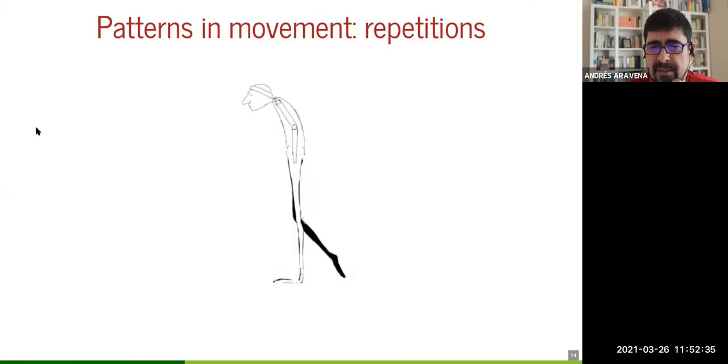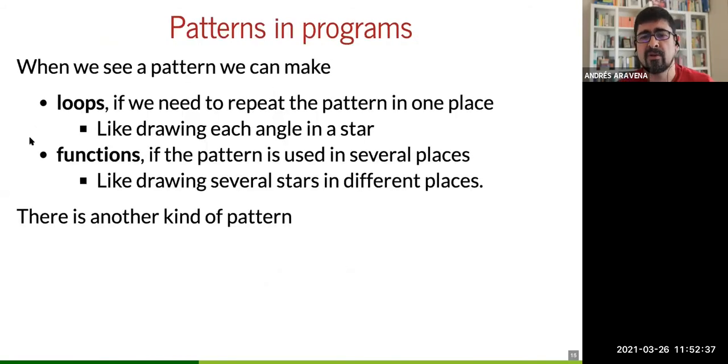So patterns, and we see the patterns also in our programs. We have patterns like loops that we do the same thing again and again with some small modification, like the index is updating every time. When you draw a star, for example, every corner of the star is essentially the same, just a little different angle.